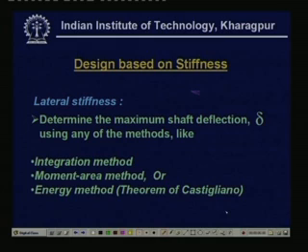Using any of the methods listed below. One is the simple integration method, one is the moment area method, another is the energy method. You are quite conversant with these three methods from your earlier course, and so I do not go into details of these methods.